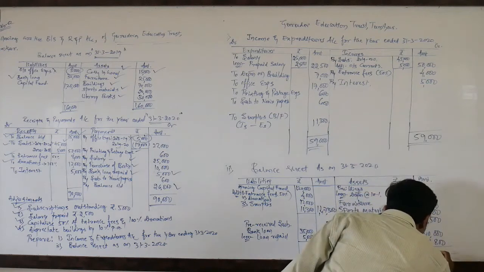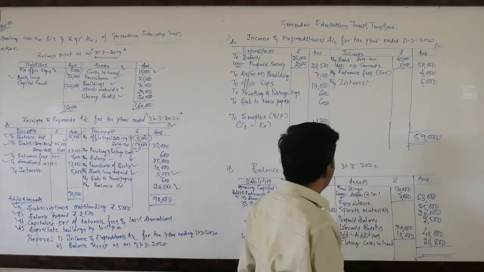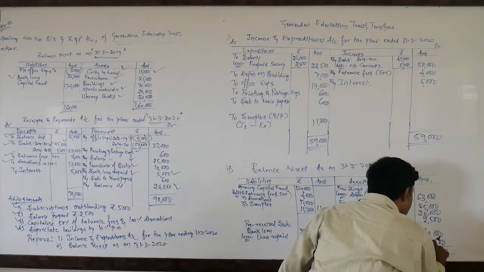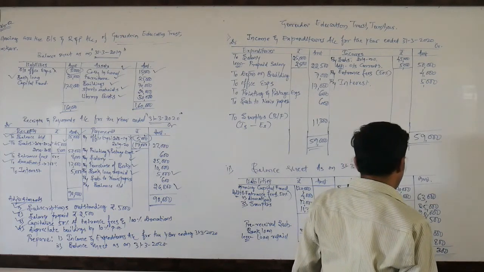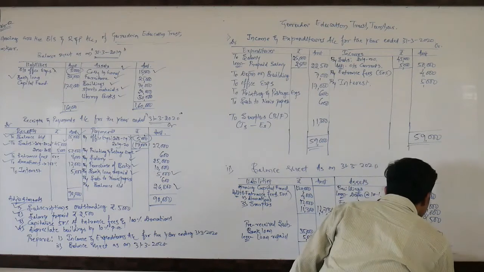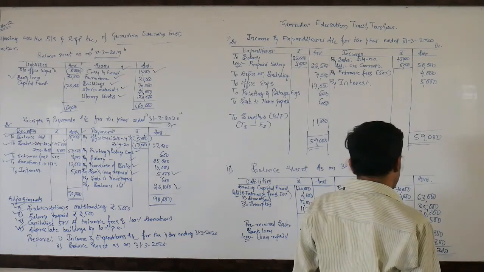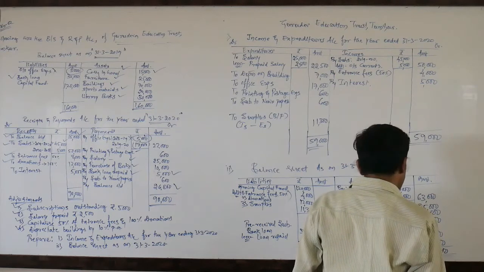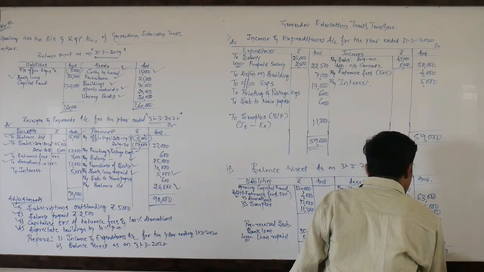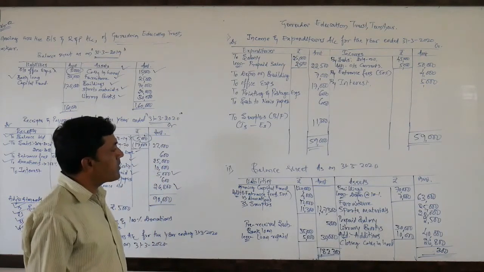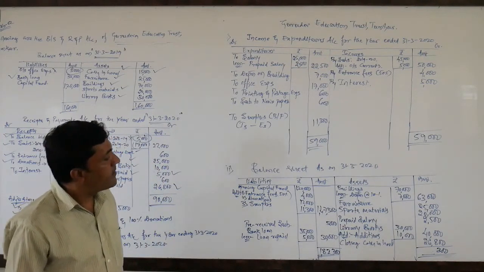So here I am trying to make the total on the asset side. What will be the total of the asset side?